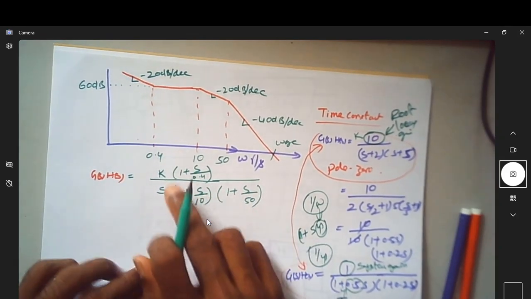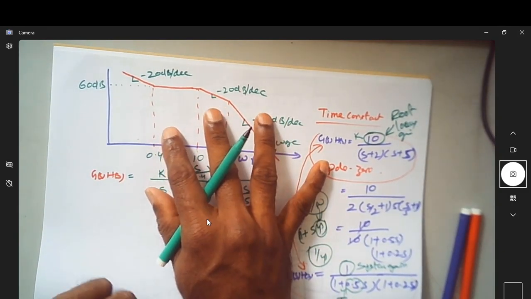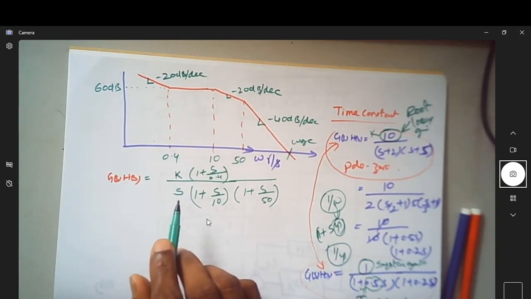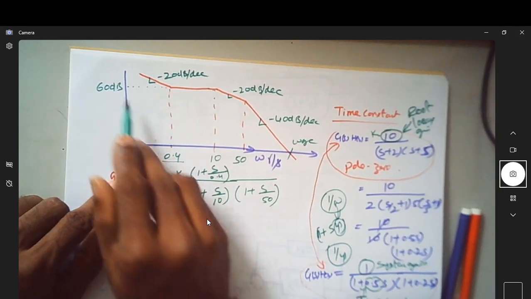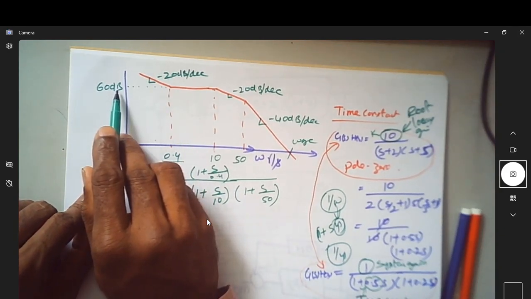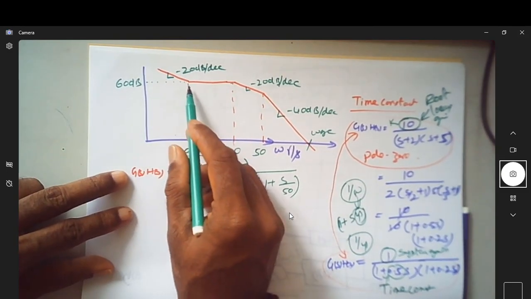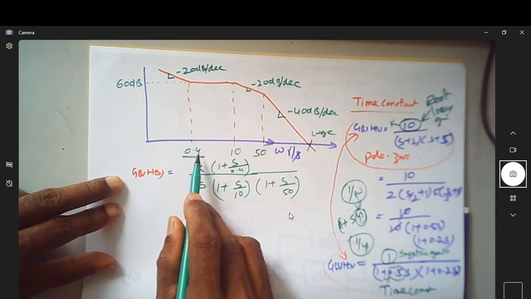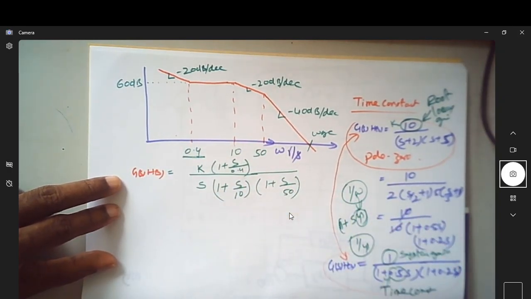Now we are done with all the poles and zeros of this system. Now we need to find the value of k. We know that at 0.4 radian per second, the magnitude is given as 60 dB. At this frequency, which terms contribute to the magnitude plot?